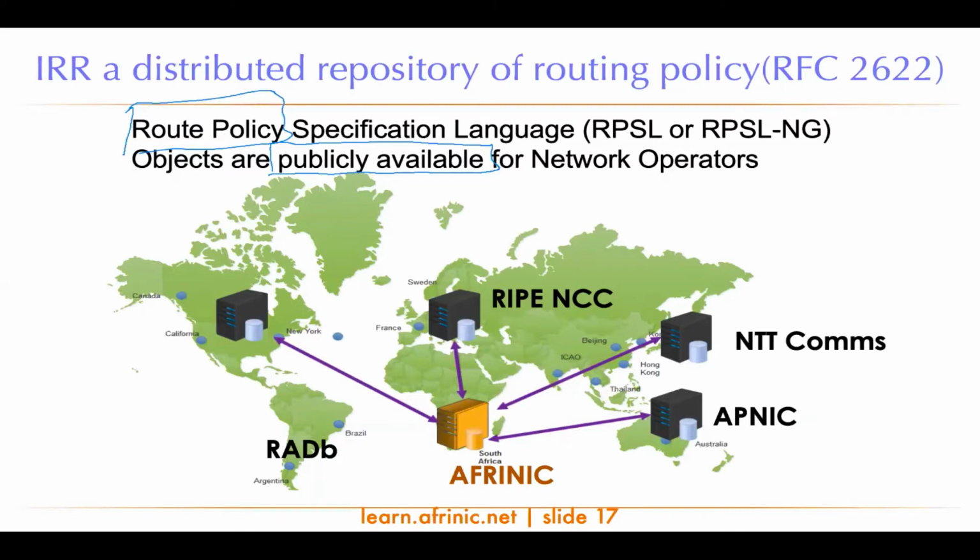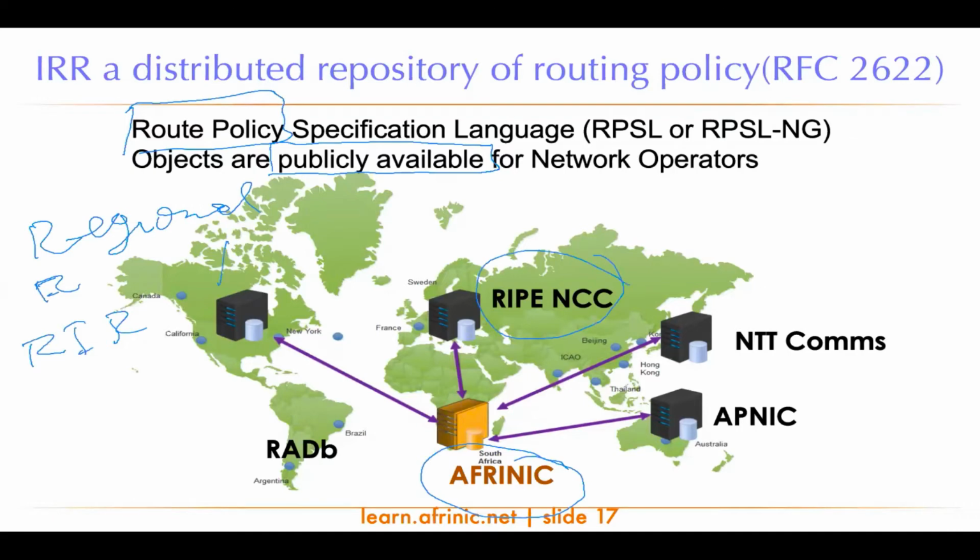And these IRRs are managed by various regional registries. In our region, we have AFRINIC. In other regions, we have RIPE and APNIC. In Europe, we have RIPE. In North America, we have ARIN. In Asia and Pacific, we have APNIC.